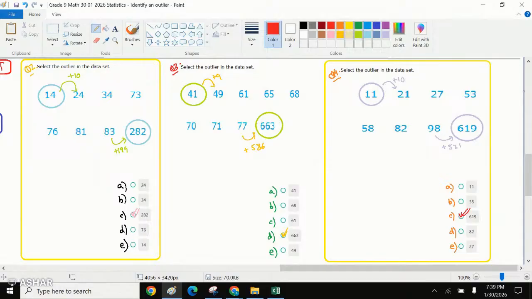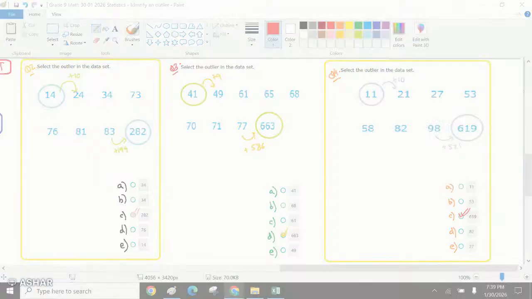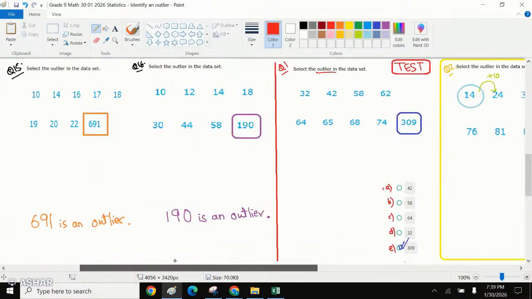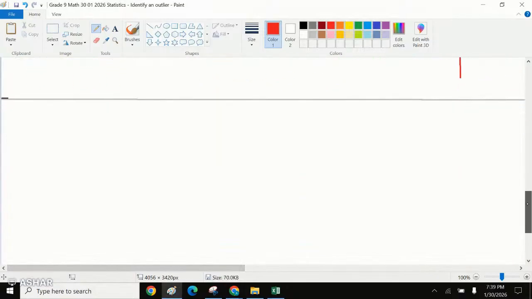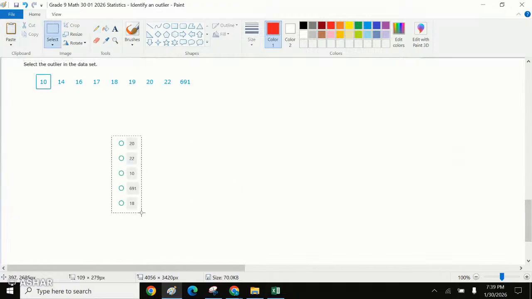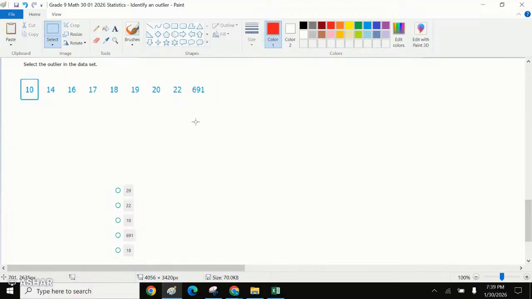Okay, let's see another question. 619 was the answer for the previous one. Let's try question number 5 from the test. It says select an outlier from these given values. So what should be the answer?